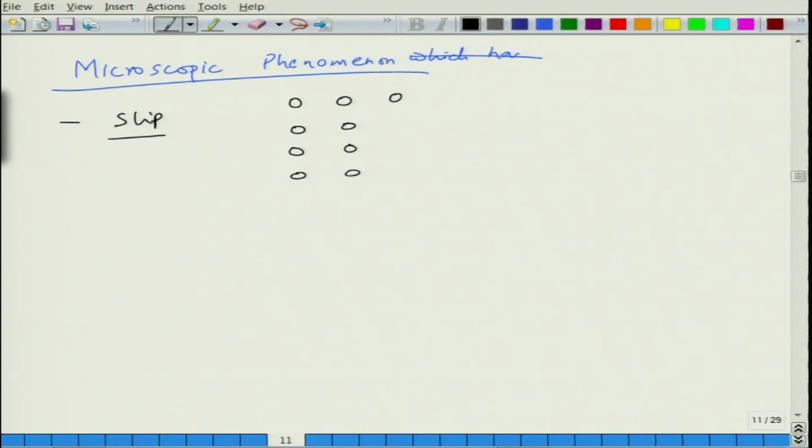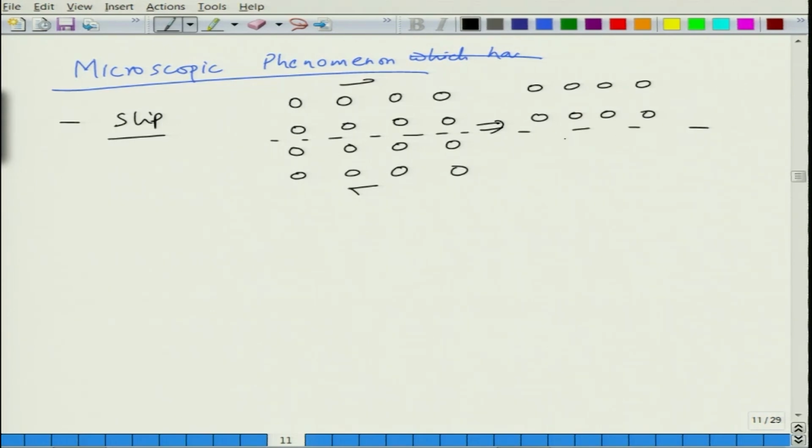And when we apply stress, this leads to the atoms slipping past each other. So, without changing the crystal structure, the top part remains like this across this plane, and the bottom part becomes like this.